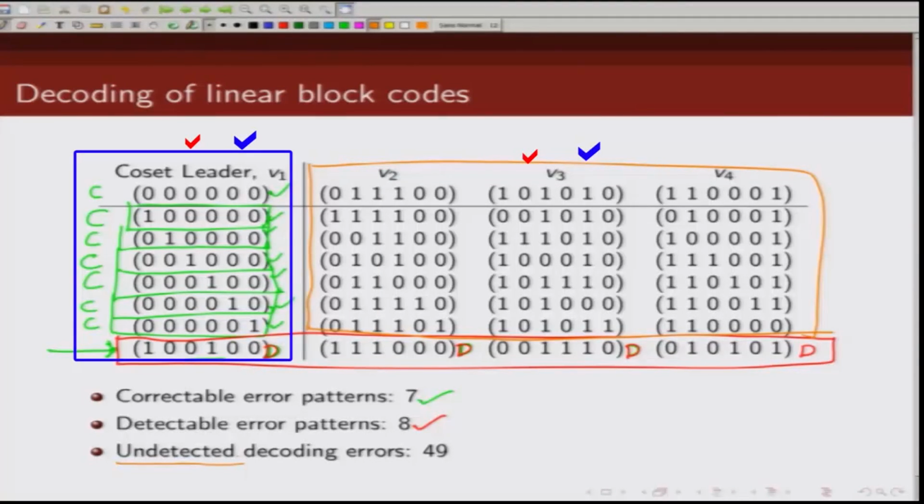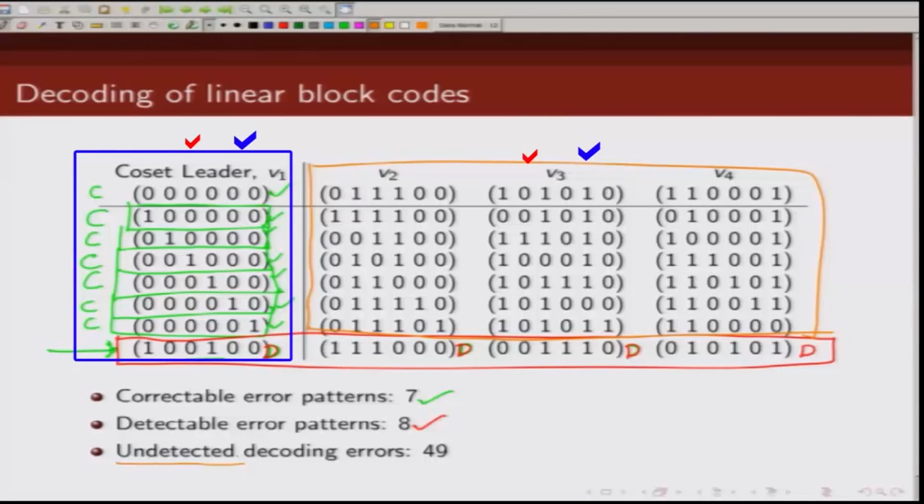So, through this example essentially I have illustrated how we can use this standard array for error correction and error detection. So, in summary, we would like to make our coset leader as one having minimum Hamming weight, minimum number of ones, and whenever we get an error, our syndrome will be non-zero.